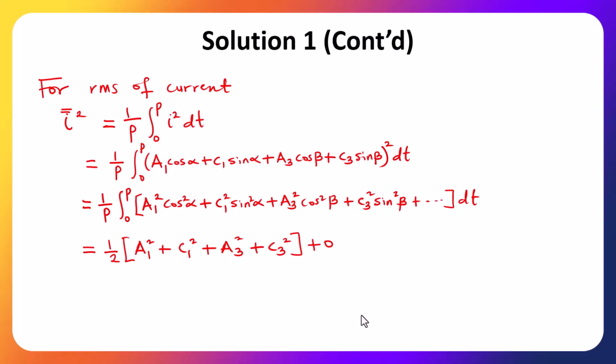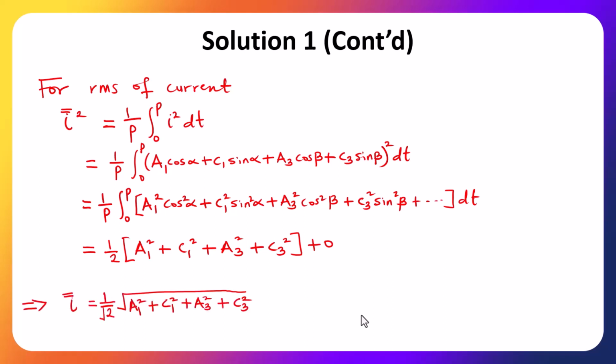Likewise, the integral of 1 over P from 0 to P of C1 squared sin squared alpha will give us C1 squared over 2. Also, 1 over P integral from 0 to P of A3 squared cos squared beta will give us A3 squared over 2, and so on.